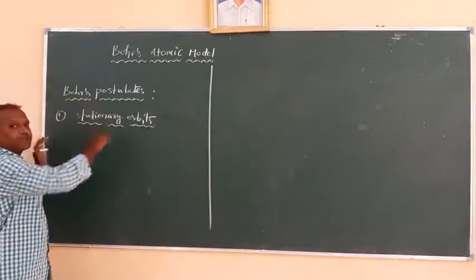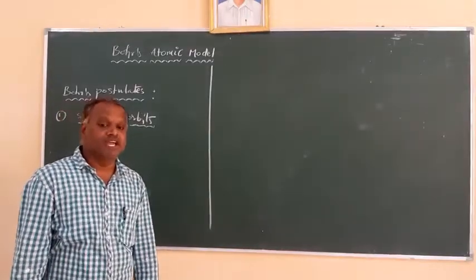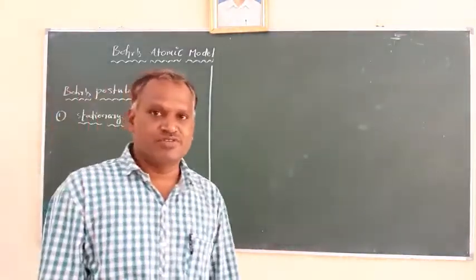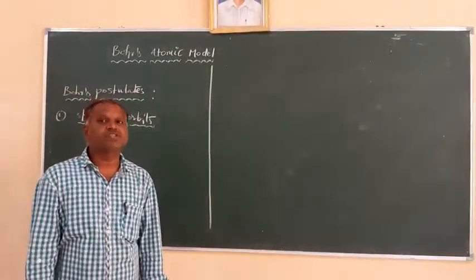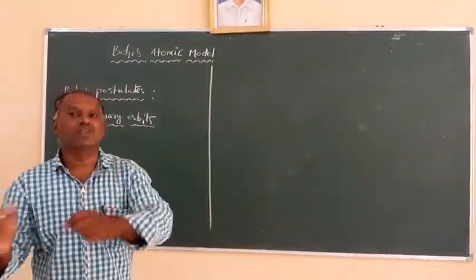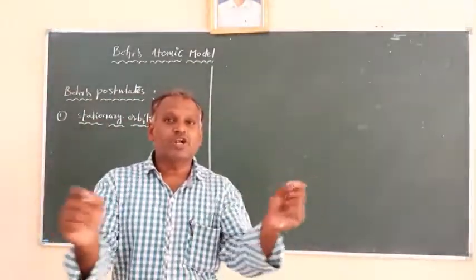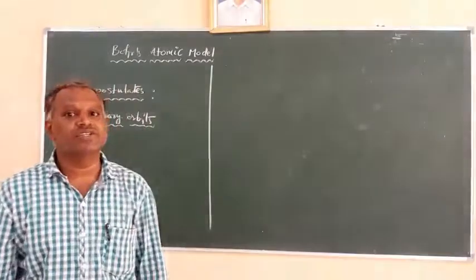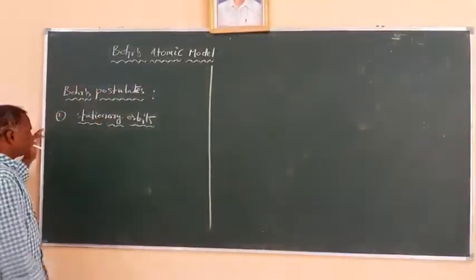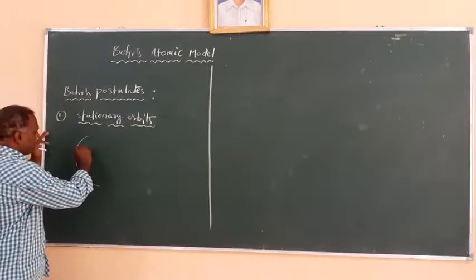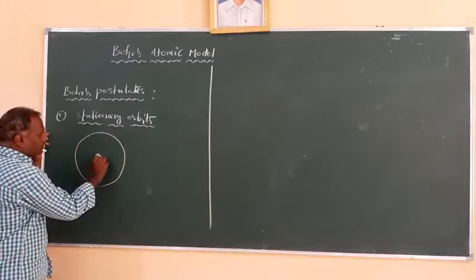When they are revolving in circular orbital paths, they experience a force. That force is a centripetal force, because of the attraction between the electron and the nucleus. That centripetal force is equal to the electrostatic force between the two charges, the electron and the nucleus.